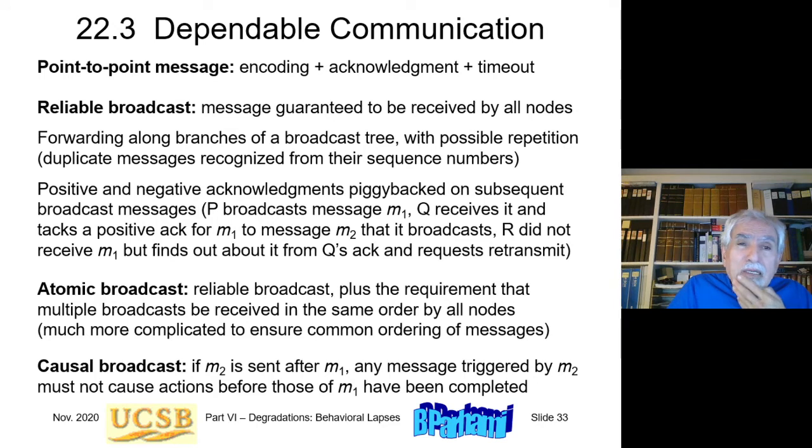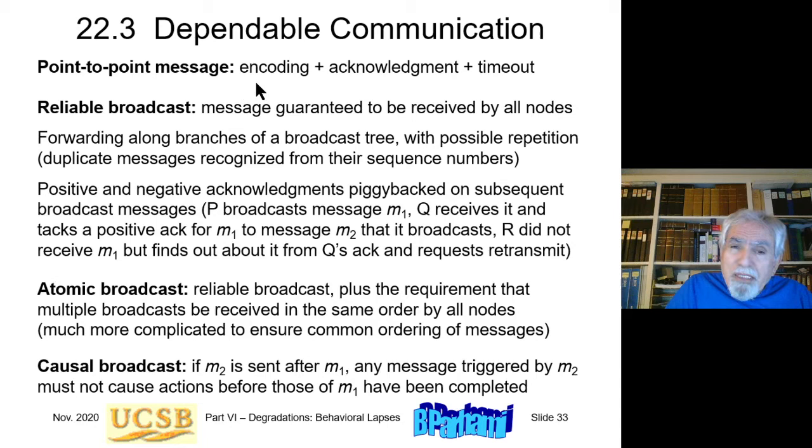We also need various forms of dependable communication between these sites, and that is needed for both point-to-point messages that are sent from one site to another site and broadcast messages where one site has to broadcast, send a message to all the sites. So some common value, common knowledge should be sent to all the sites.